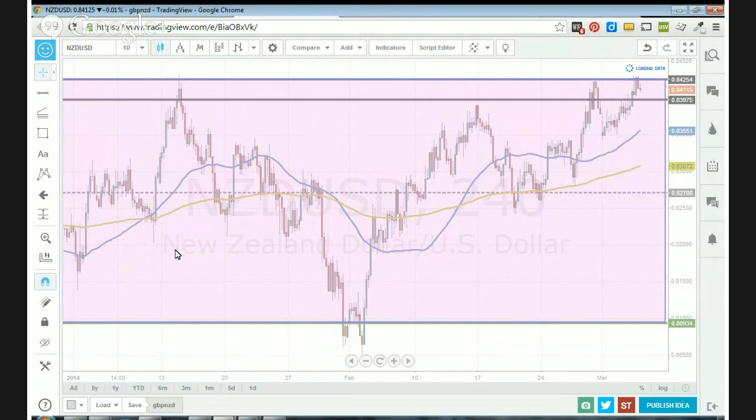I did have a short trade on Kiwi dollar that got stopped out. That hit my account for about a 0.25% drop, and now I've got a bunch of other positions filled, and they are not looking too good at the moment either.